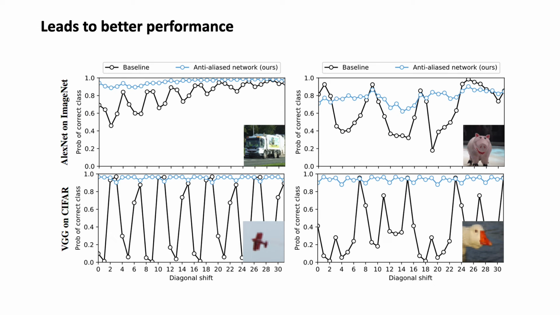The results of using blur pool are shown in these plots. We see the results of using the blur pool layer in blue, and we see the results of not using it in black. As we can see, the accuracy for black goes up and down as we are translating the image, whereas it remains quite stable for the blur pool layer. And this is true across networks and across datasets.